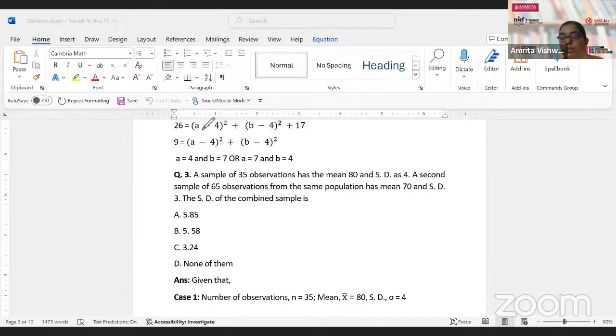And there are question papers which have 3 cases, 4 cases also. There is a sample 1 with this many details, a sample 2 with this many details, a sample 3 with this many details. So yes, see the options: 5.85, 5.58, 3.24, and none of them. Requesting the children to think of the formula and start solving this question.